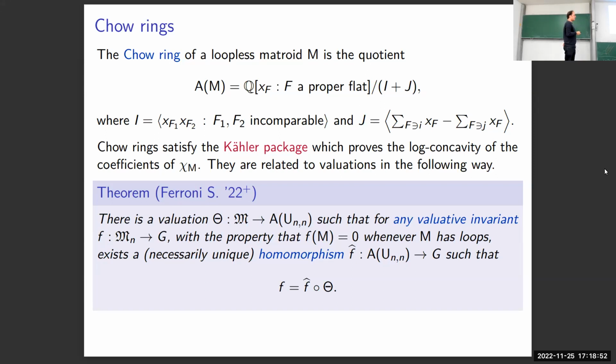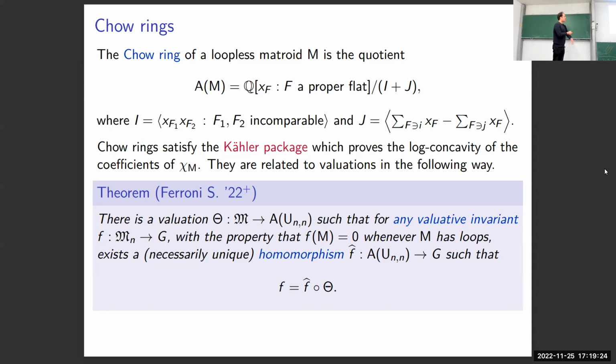But there is a nice relation between our matroid valuations and this Chow ring, namely there's a valuation that I can write down explicitly from the matroid polytopes, which maps a matroid to the Chow ring of the free matroid, where the rank is equal to the ground set size.